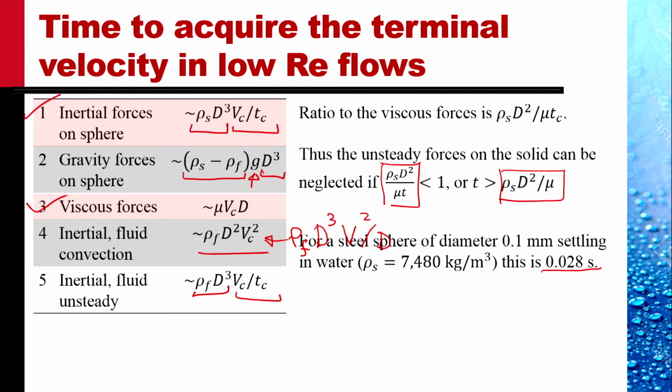Less than 30th of a second, after which that steel sphere would have acquired a constant velocity, the terminal velocity. This is because of the very small diameter of the sphere, which results in a very small Reynolds number.